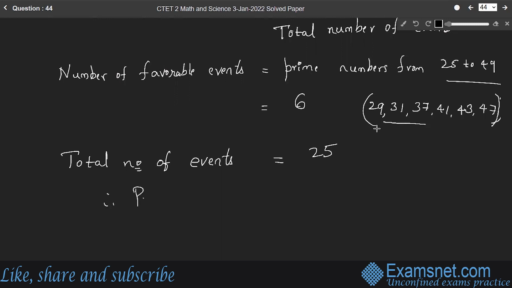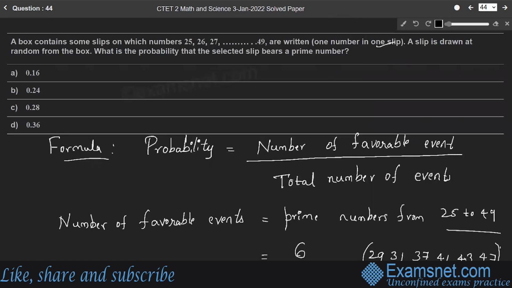Therefore, probability is equal to the number of favorable events, 6 by 25, which is equal to 0.24. So, the probability to be a prime number is 0.24. So, the correct option is option B.